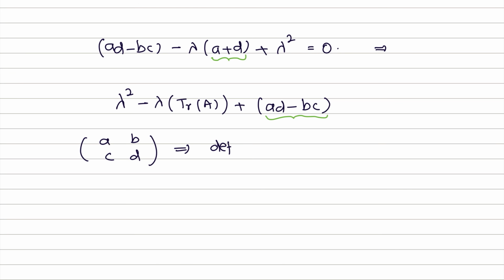Determinant, as I just told you, A and D will be multiplied and B and C will be multiplied and subtracted. Determinant of A is equal to AD minus BC. Do you agree?